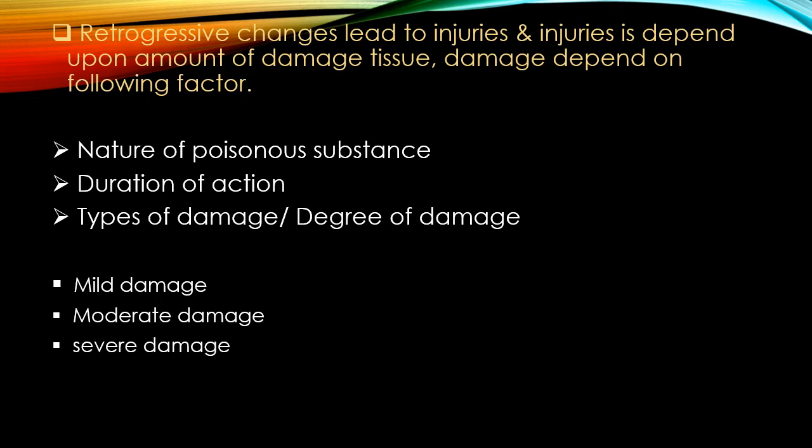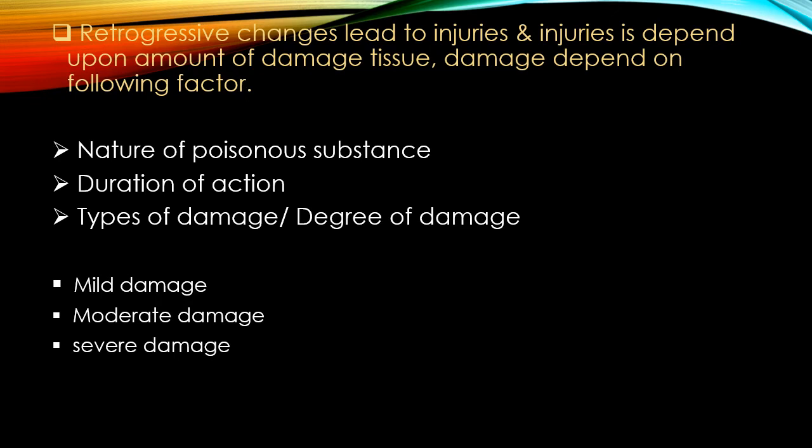In moderate damage, which is more than mild, visible changes are observed in the cytoplasm along with altered metabolism, while the nucleus remains unaffected. The change is also reversible, but it takes a great effort to recover.